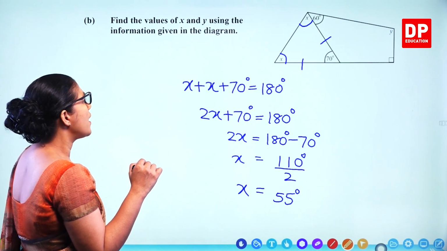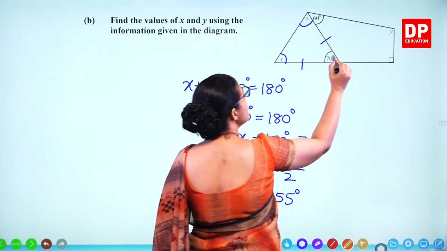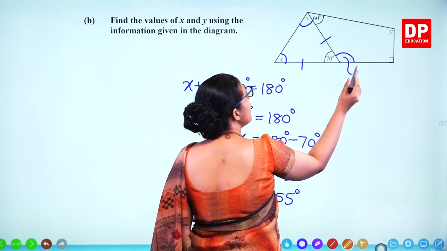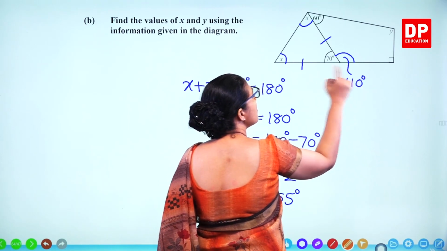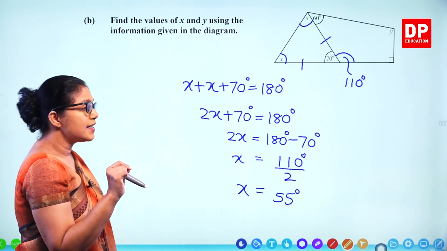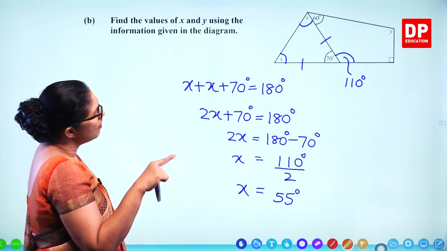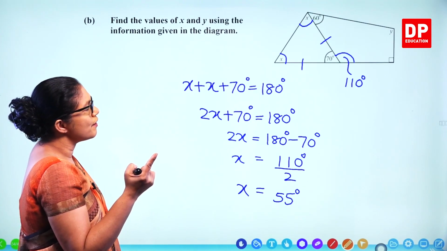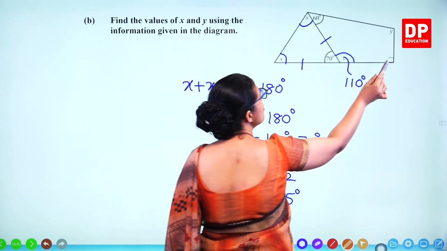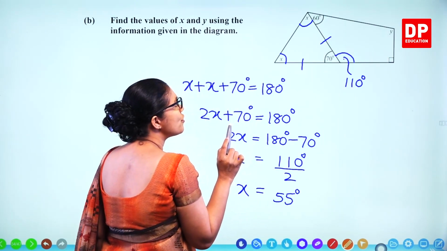Now we need to find out y value. How do we find out y? Look at this one. This is 70, so what is this angle? That's 110, because that's a straight line, 180 minus 70. Now the sum of angles in a quadrilateral, 4-sided figure, 1, 2, 3, 4, add up to 360.